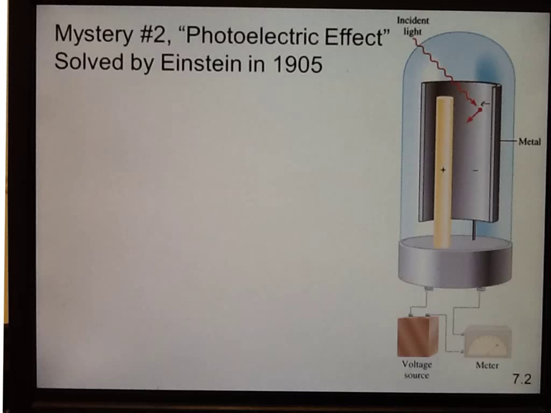So anyway, as you can see in this picture, light incident upon the metal plate causes electrons to move from the metal plate, which is negatively charged, to the positive post, which is positively charged. And so electrons flow from the voltage source through the meter, across the plates, back to the voltage source. So we have a complete circuit.